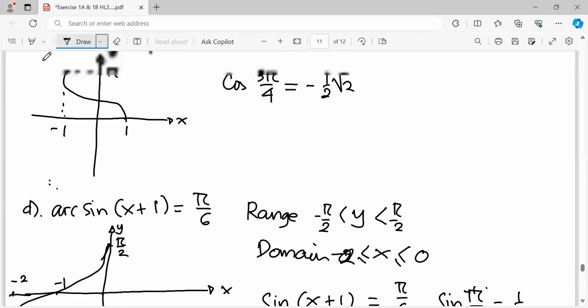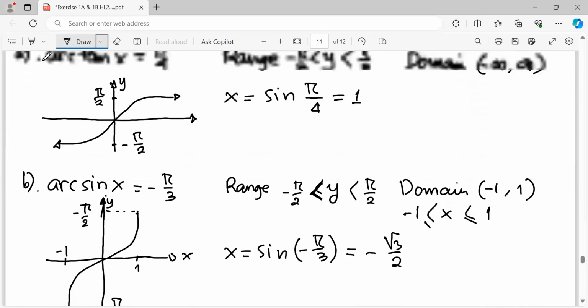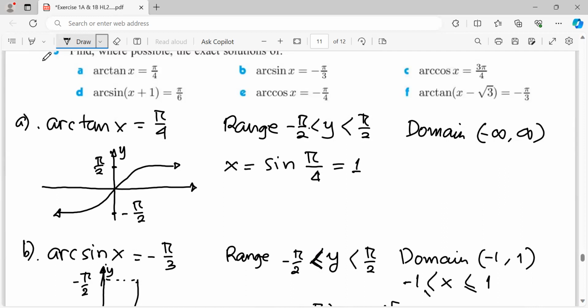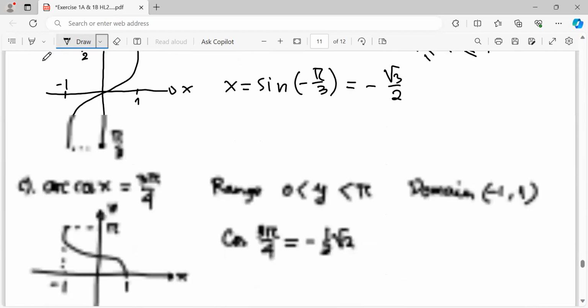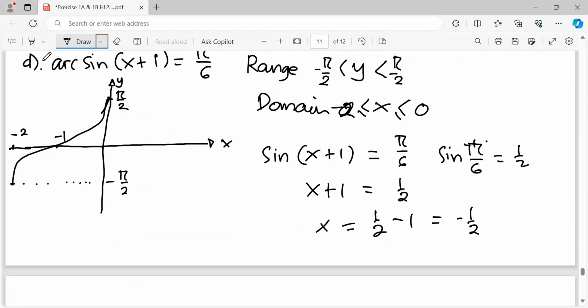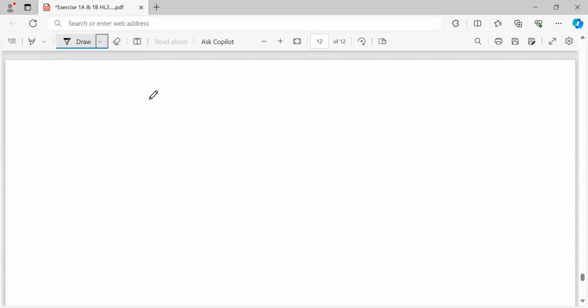E. Arc cosine x equals minus pi 4. I will sketch this cosine x.